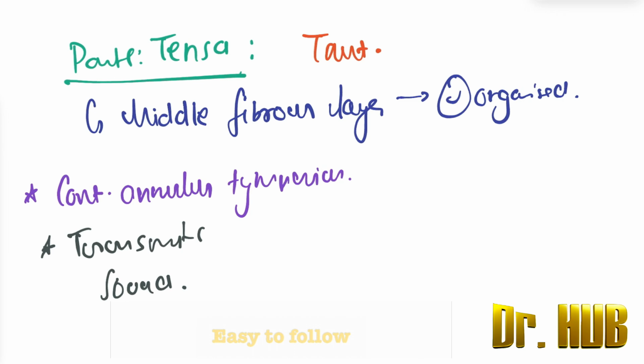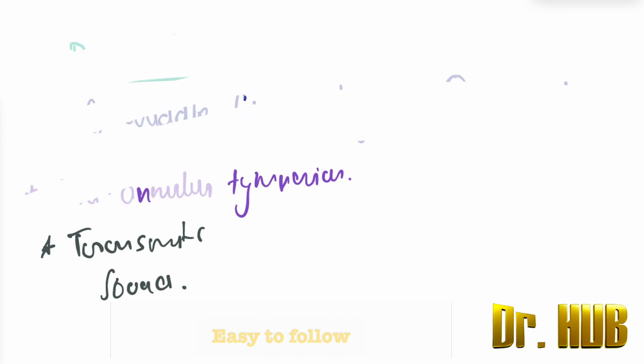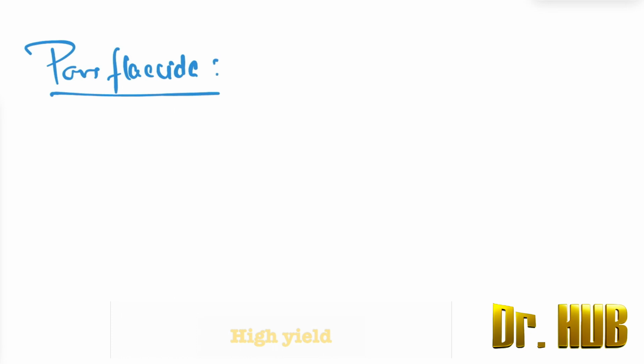Now, in comparison to all this, let's look at the pars flaccida. The pars flaccida is loose, and the middle fibrous layer is not well organized.